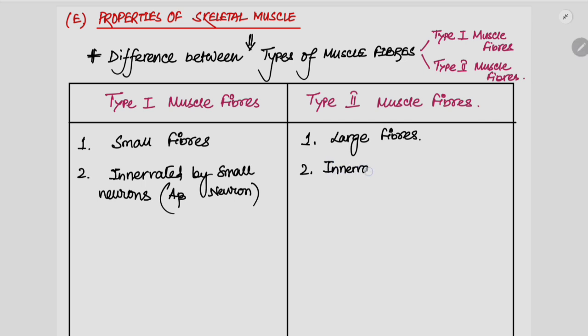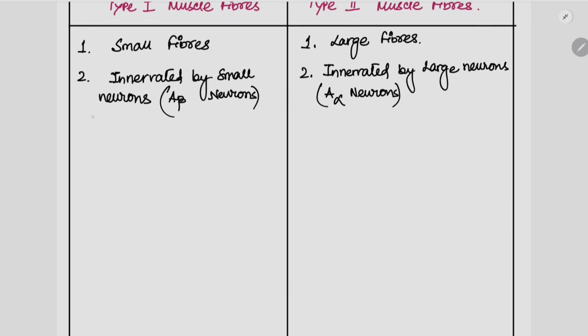Next, type 1 muscle fibers are the slow twitch muscle fibers, and type 2 are the fast twitch muscle fibers.